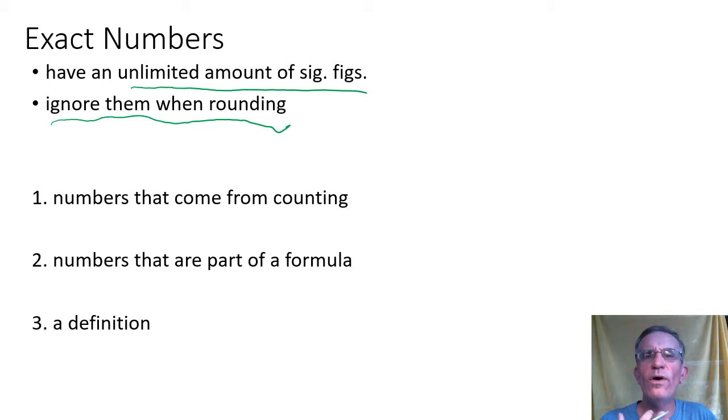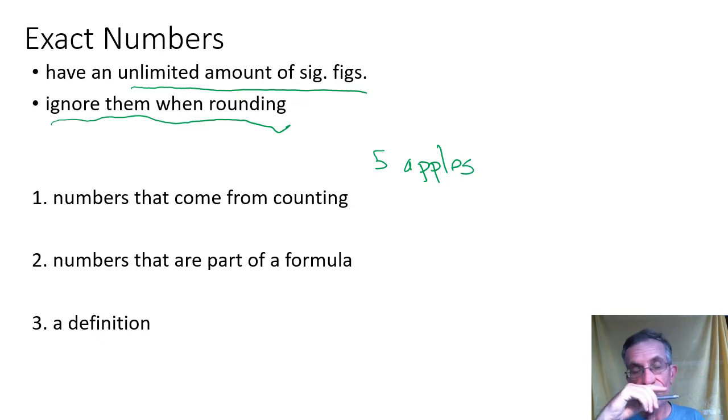There are several ways that a number fits in this category of being called an exact number. One way is if we have a number that comes from counting, we won't worry about that number when deciding how to round. So let's say, for example, I told you, go to the store, buy me 5 apples and tell me the total weight of all those apples. So you go to the store and you grab 5 apples, and you put each one on the scale, and each apple weighs 0.75 pounds.